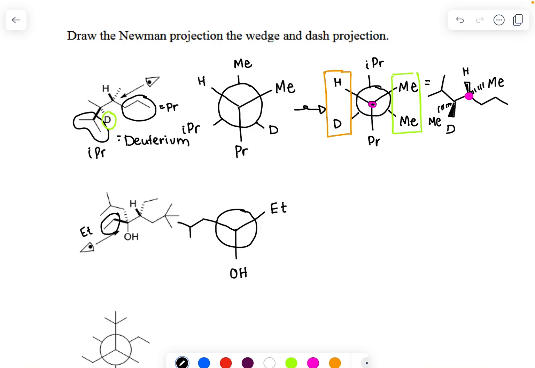And then looking down that bond, what I see sort of eclipsing the OH there is this group. So I'm going to draw that. And then in the plane of the ethyl, there is a hydrogen.